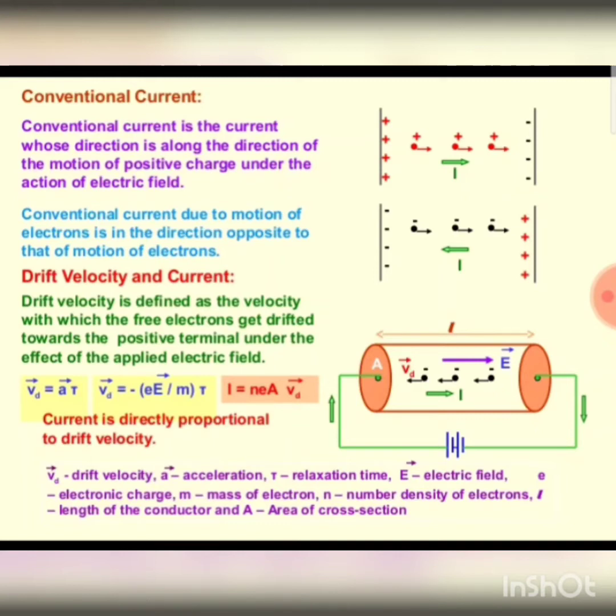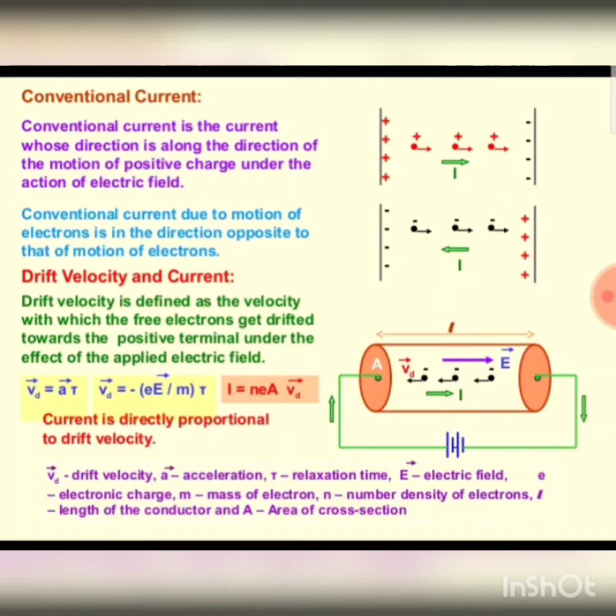Here a means acceleration. This acceleration is produced due to the electric field. So acceleration, according to Newton's second law of motion, F is equal to m into a. Therefore a is equal to F by m. Here force is due to the electric field, e into E, divided by mass m.